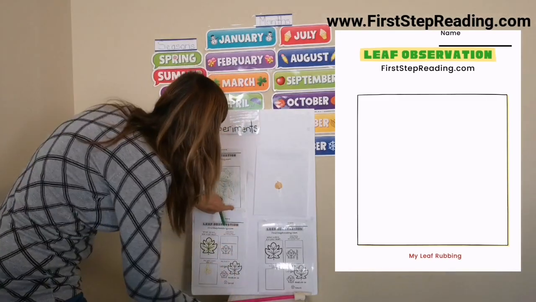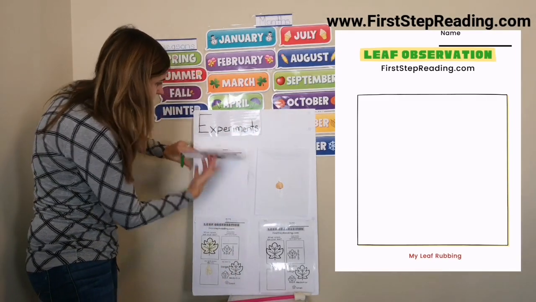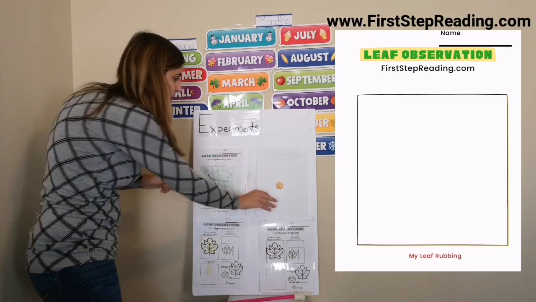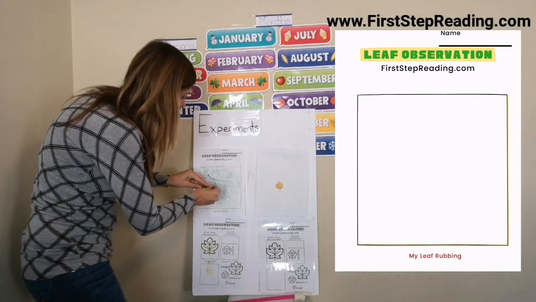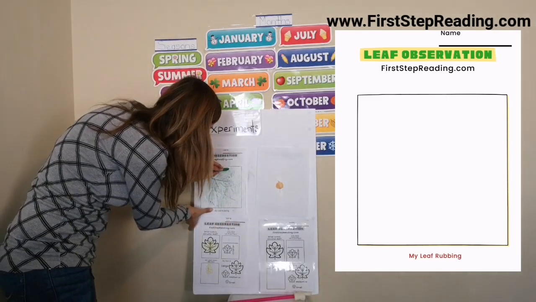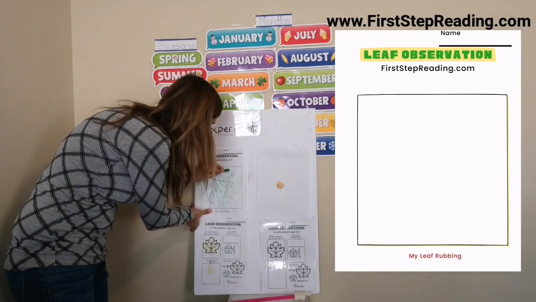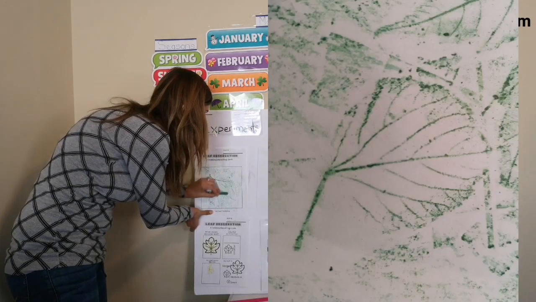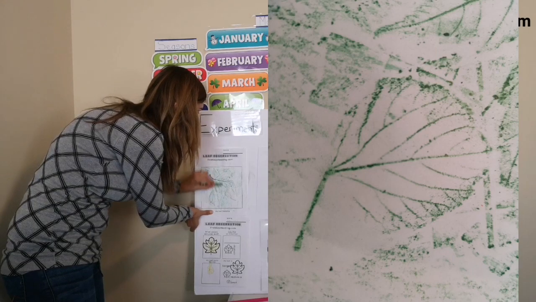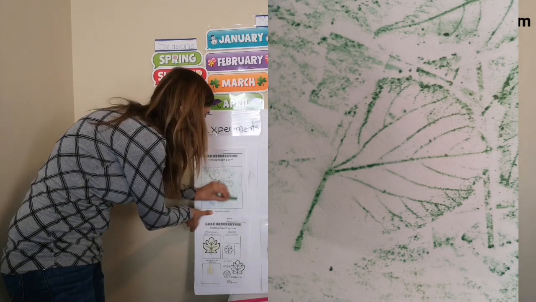So I taped the leaf to the back, as flat as I can. And then I turn my crayon sideways and hold it with one hand so the paper doesn't move, and I push as hard as I can and rub the side of my crayon over my leaf.